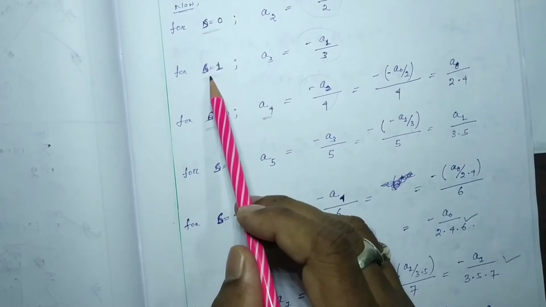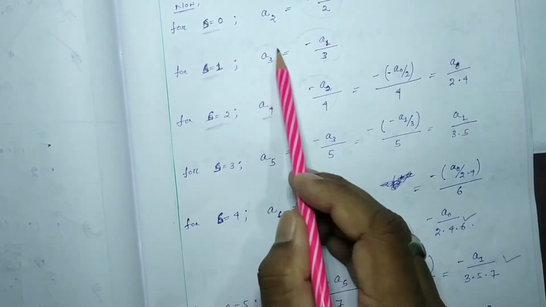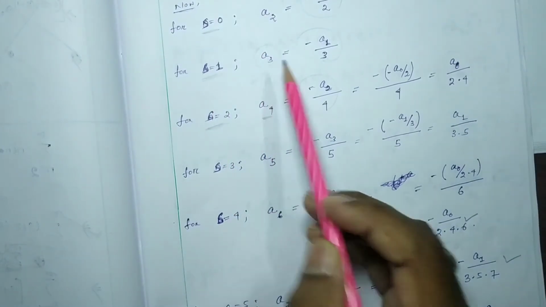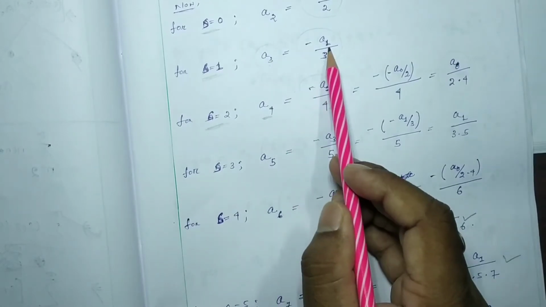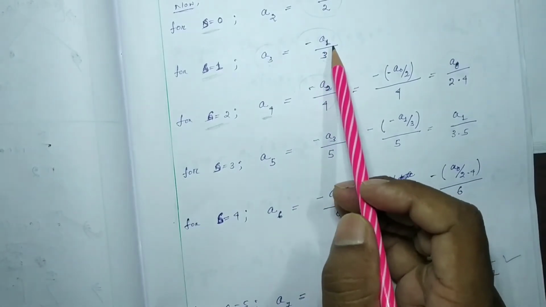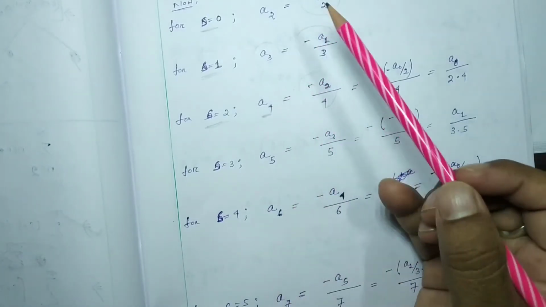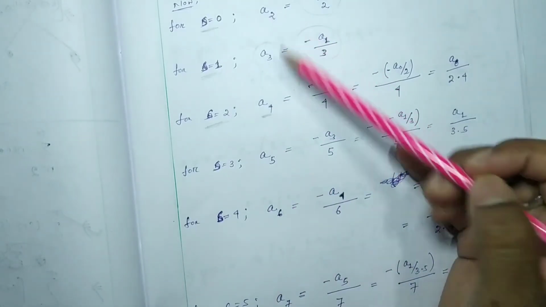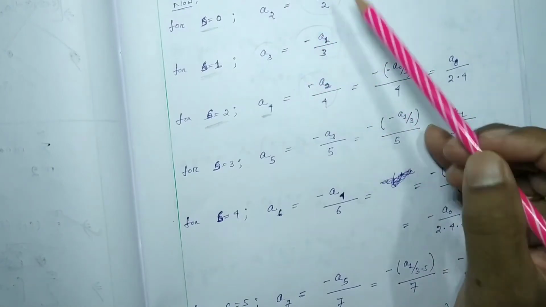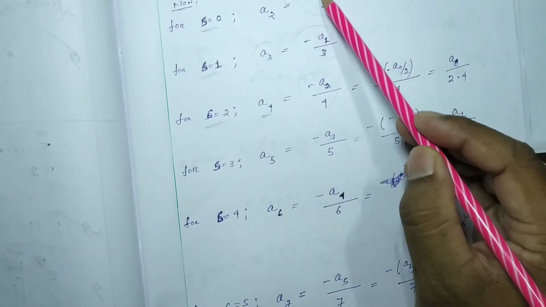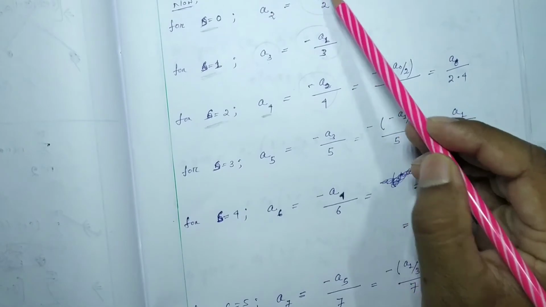That means the odd coefficient a3 is connected with a1. However, even coefficients, that is a2 and a4, are connected with a0.